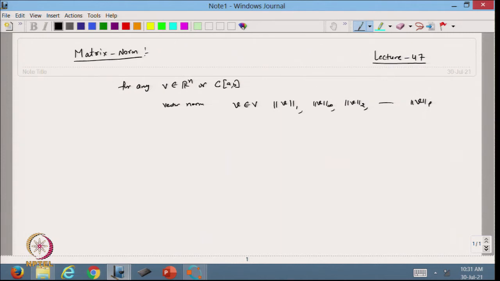Now these things we have done, and now we want to define that the same thing is applicable for any vector belonging to a complex vector space.